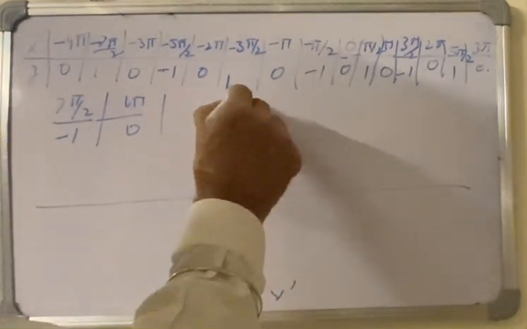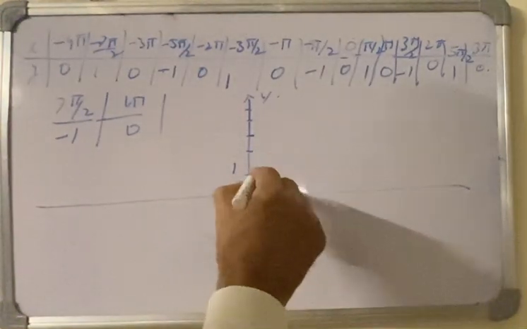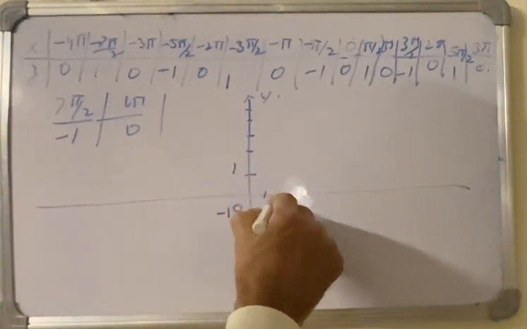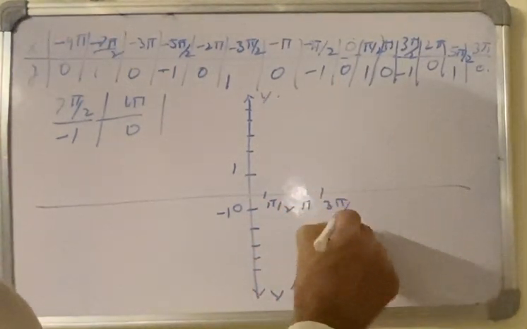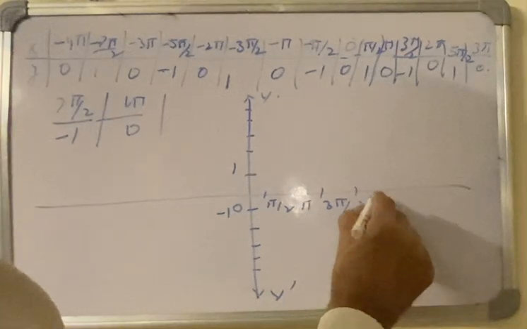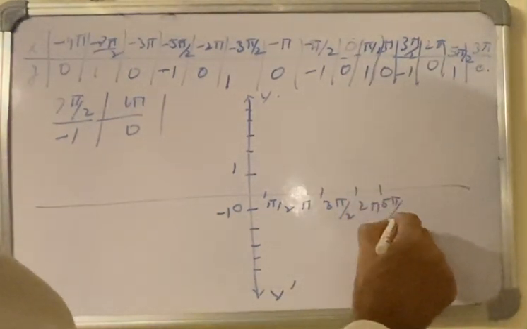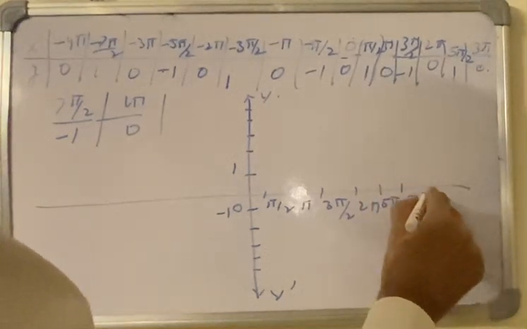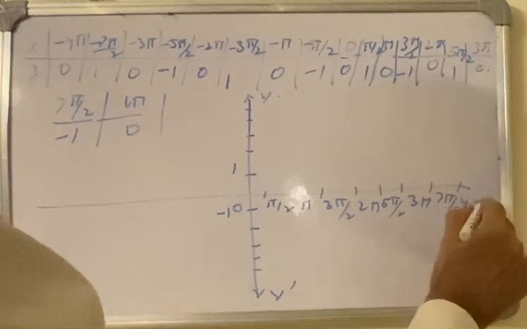This is y dash, this is y, and it is 0, pi by 2, pi, 3 pi by 2, 2 pi, 5 pi by 2, 3 pi, 7 pi by 2, 4 pi, and so on.